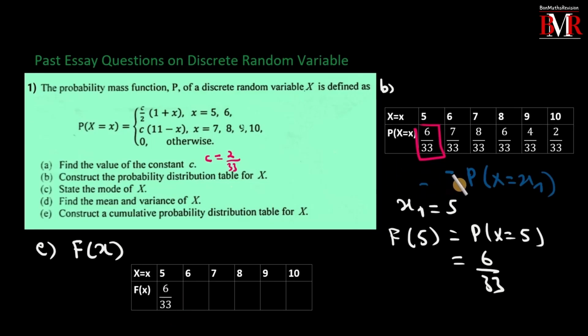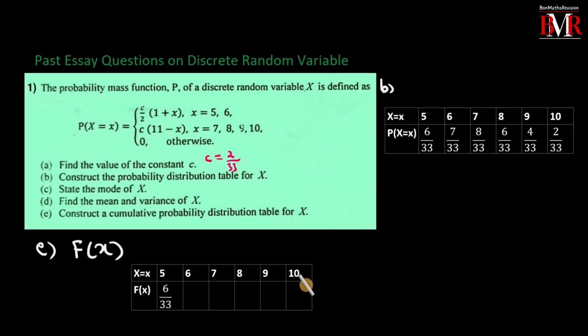You also know that if the last value of x in the cumulative distribution table is xn, then the cumulative value of that last value will always be 1. The last value of x from left to right in this table is 10. That means the cumulative value of 10 is equal to 1 from this formula.